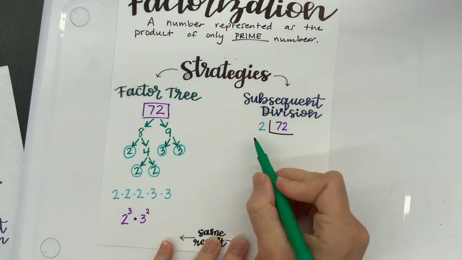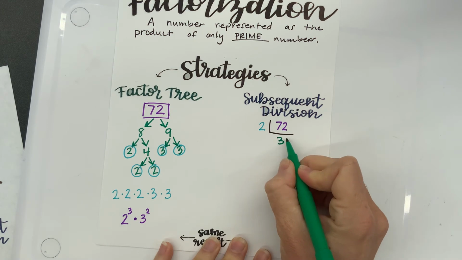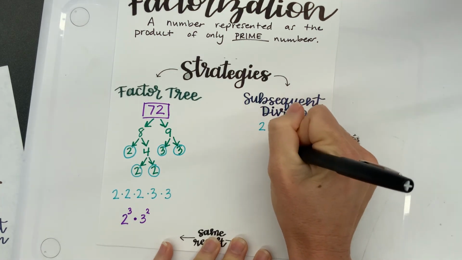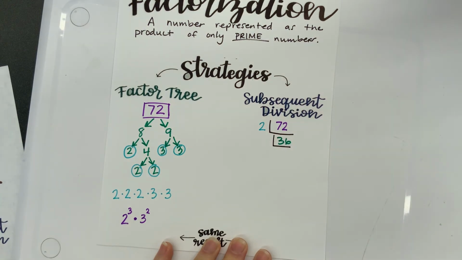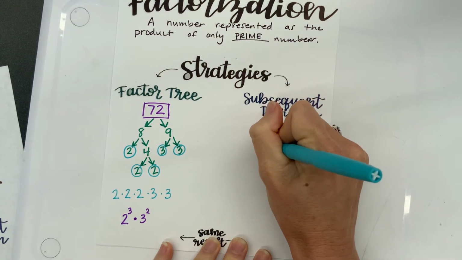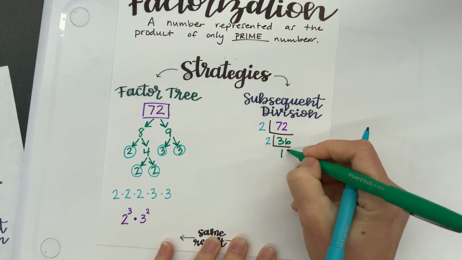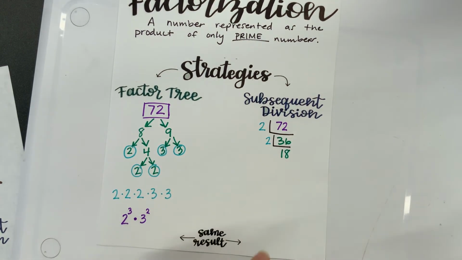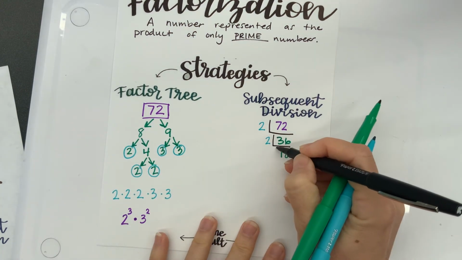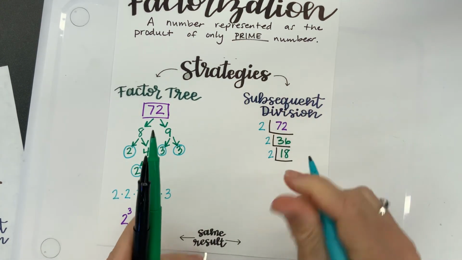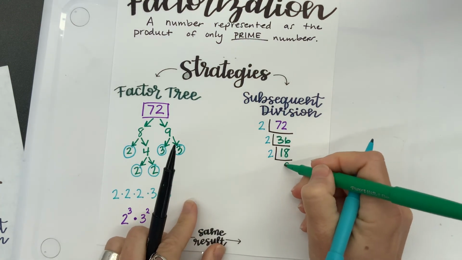So 72 cut in half is going to be 36, and then I'm going to do another division bar below, and I'm going to divide it by 2 again. I'm going to get 18, and I can see 18 is not prime, so I'm going to keep going. I'm going to divide that 18 by 2, and I'm going to get 9.